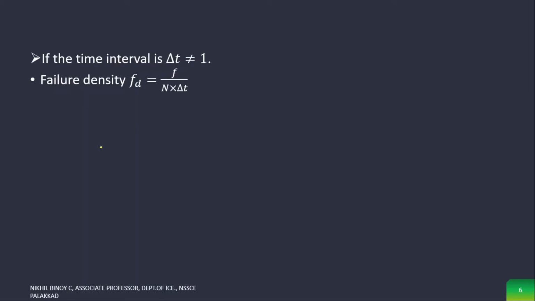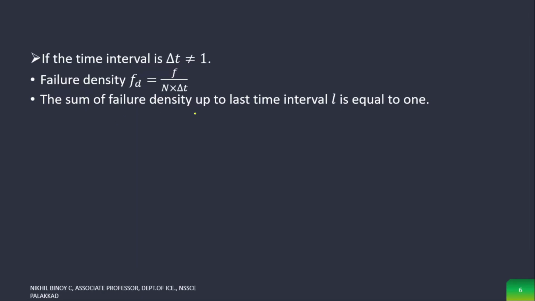Now in the previous slide, we discussed the cumulative failure density, the sum of failure density from the first interval to the last interval. So if delta t is not equal to 1, we have to modify that equation. The sum of failure density from first time interval to last interval is equal to 1, means sigma 1 to L fd into delta t is equal to 1. Here you can remember another important concept.